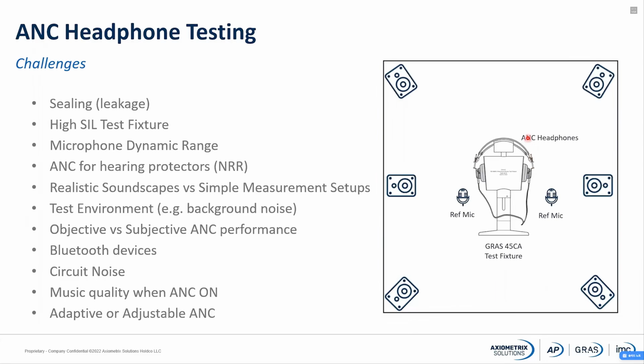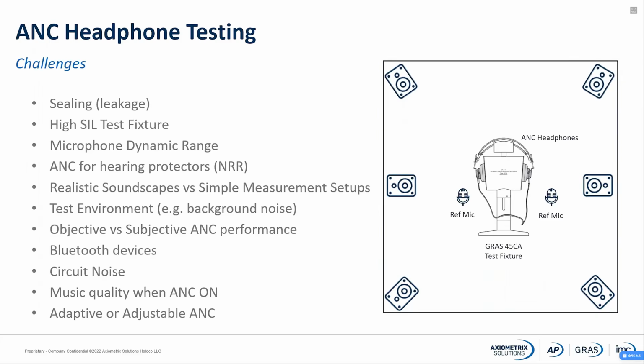The second challenge is getting a high self-insertion loss test fixture. And this recommendation is coming from the ISO standard and the ANSI standard that I mentioned in the beginning. This is basically because the maximum amount of ANC that we are going to measure is going to be related to the self-insertion loss of the test fixture.